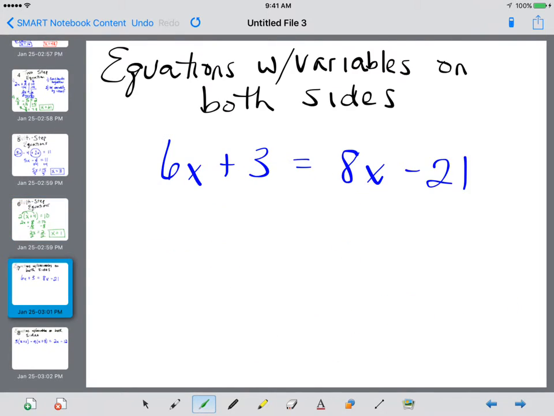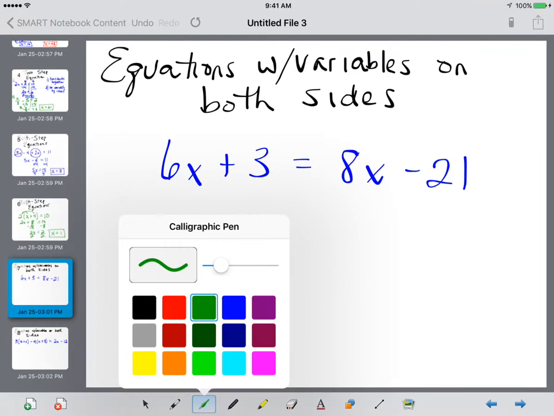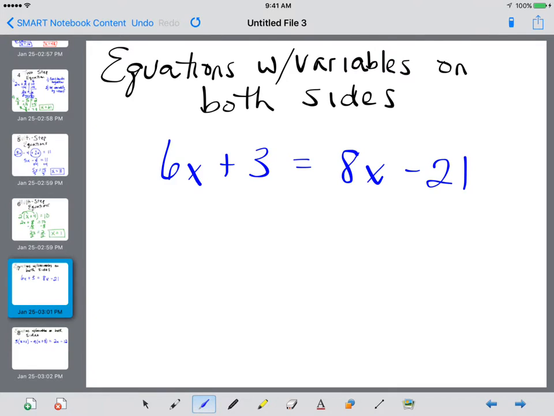Now I'm going to show you an equation with variables on both sides. When this happens, we need to get the x's on one side and our constants on the other. So my x's in this equation, we have 6x and 8x. And I want to get them together on the same side.